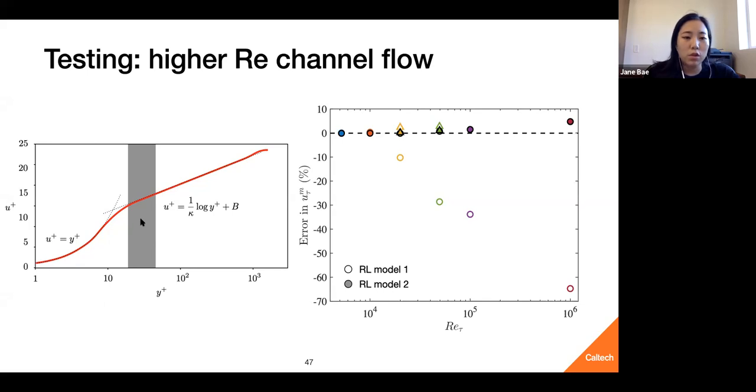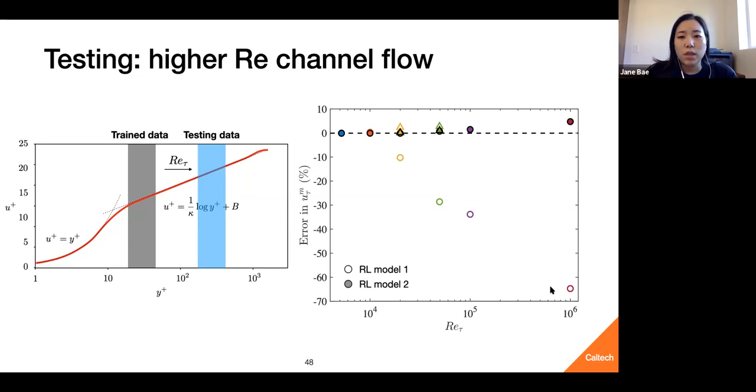Whereas if we start increasing the Reynolds number, what happens is that the trained data is here, but what we're testing, because we kept the grid resolution the same, is way over here. So there's a discrepancy between what it trained on and what is being tested on. So that's why as we start increasing the Reynolds number, we see a larger and larger error. Because as we know, machine learning doesn't do quite well at extrapolating. It does very well at interpolating what it's seen, but it doesn't do very well in extrapolating.